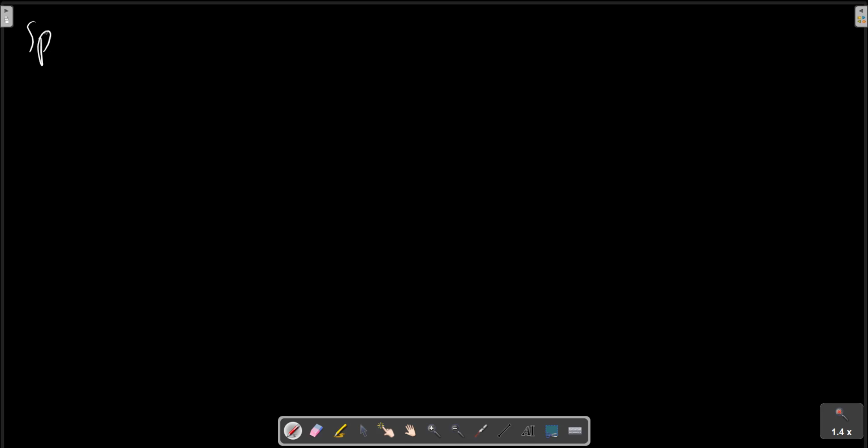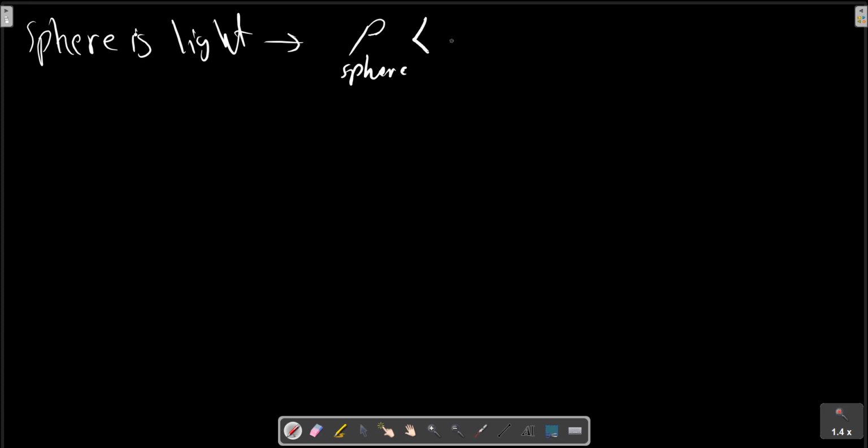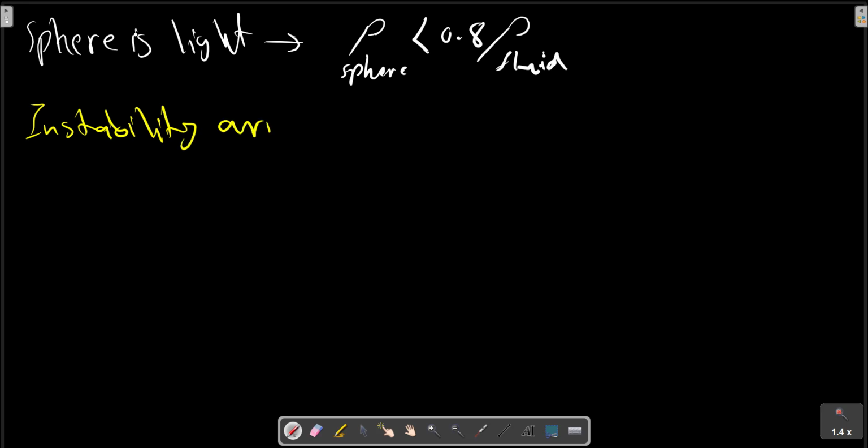So if the sphere has a condition, for example, the density of the sphere is smaller than the density of the fluid, assume the sphere is light, a weak instability arises in the range of Reynolds number.